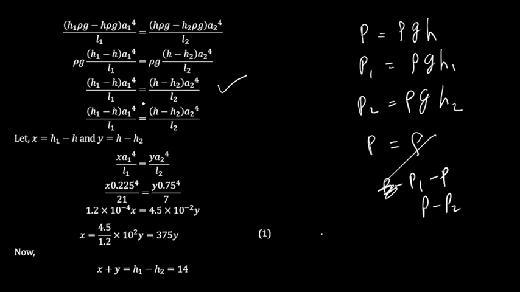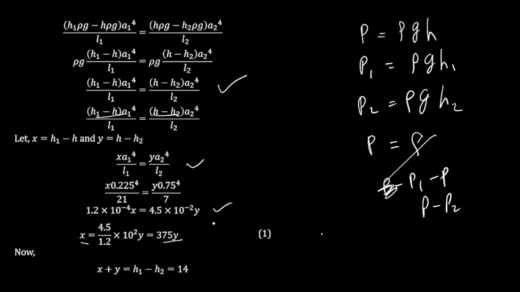Now we take h1 minus h as x and h minus h2 as y and substitute to get this simple equation. Now we substitute for the radii a1 and a2 and lengths l1 and l2 and do some simple calculation to finally obtain x equal to 375y.